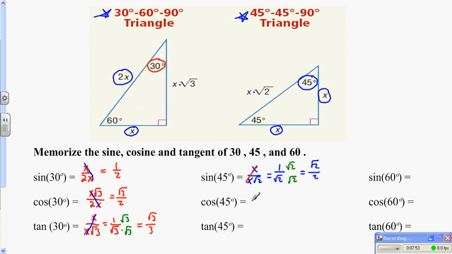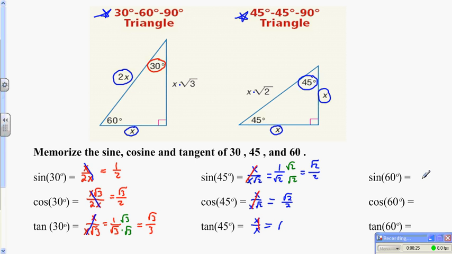Cosine of 45 is adjacent over hypotenuse, and that ends up being the same as sine of 45. Tangent of 45 degrees is opposite over adjacent, and that becomes 1.